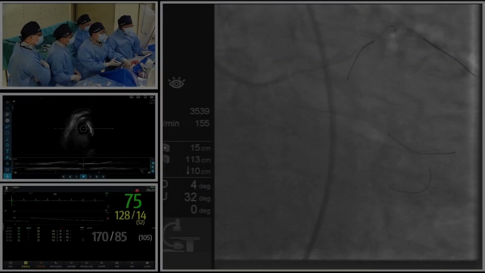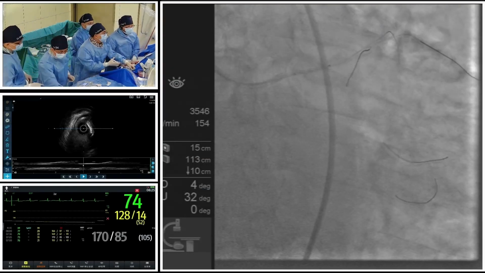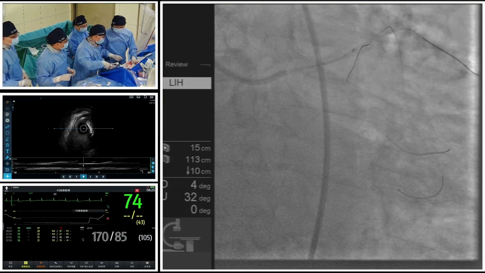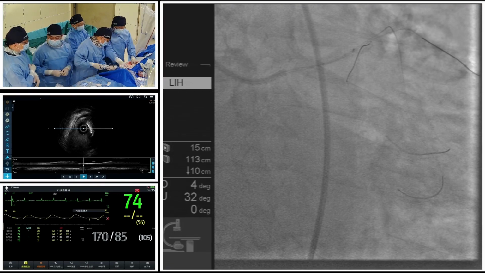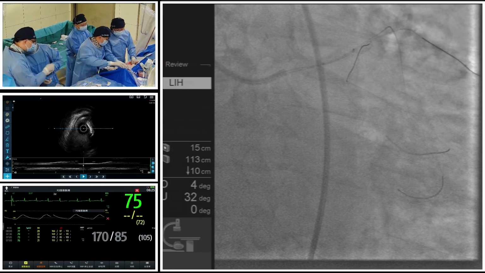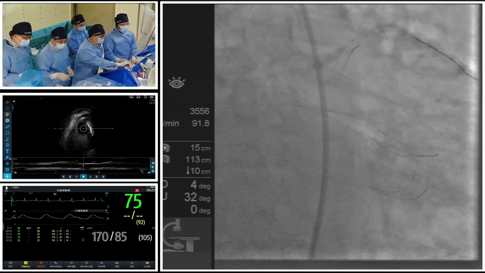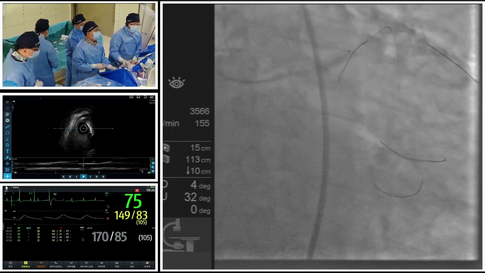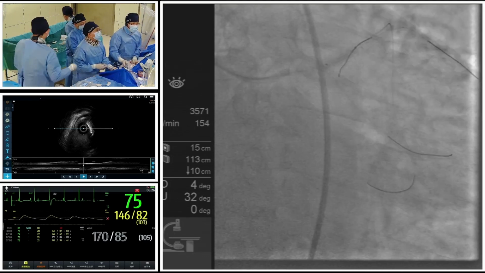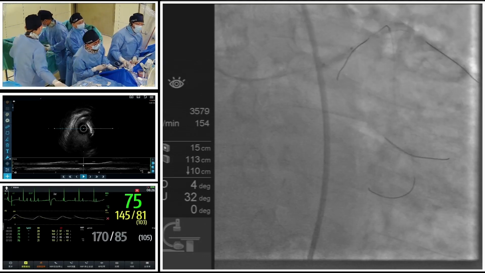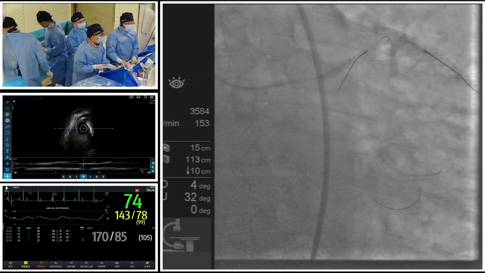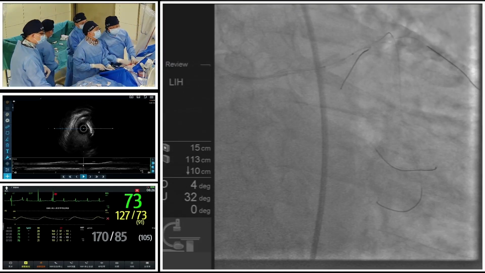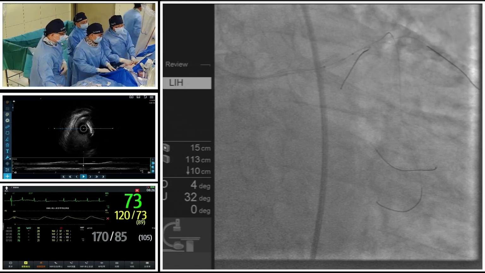And we can see that Professor Li is choosing a different size of the IVL system for the proximal part and also the left main trunk to treat the deep 270 degrees of calcification. Someone may be interested in what situations and what kind of cases are suitable for the IVL system. There are several indications for lithotripsy usage in calcification.